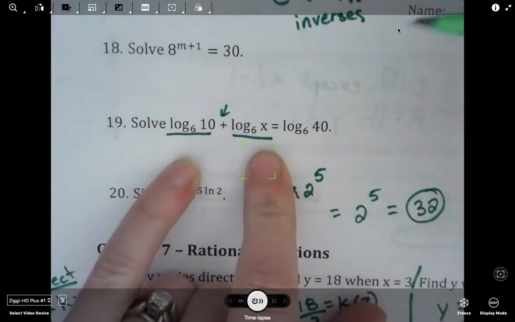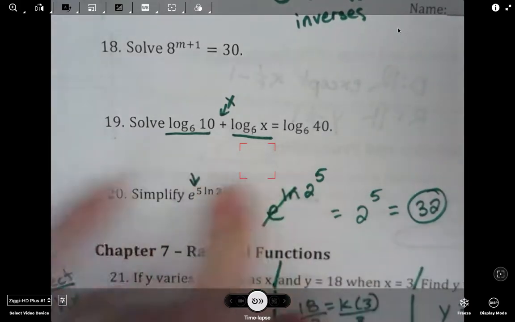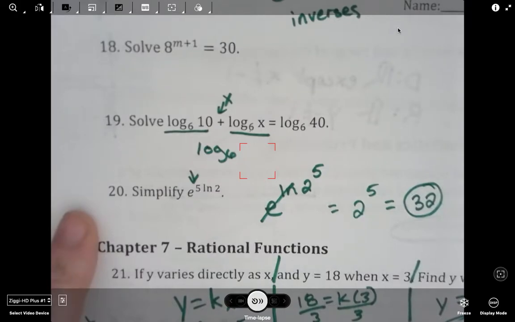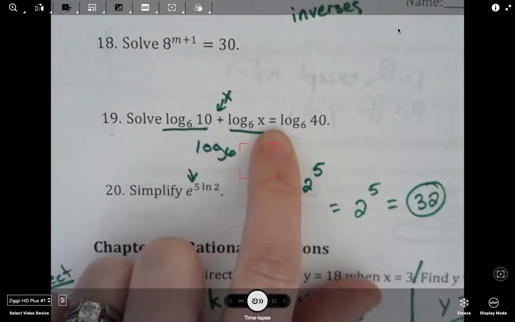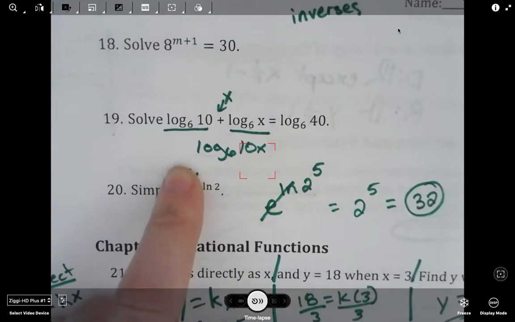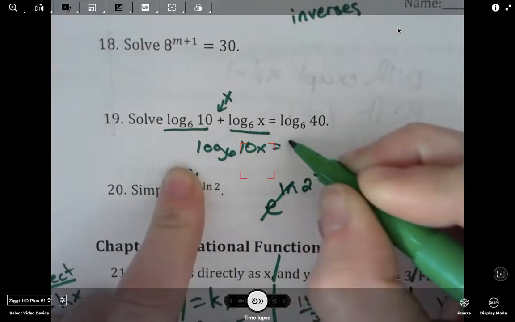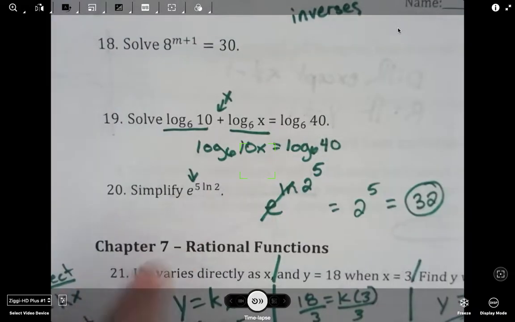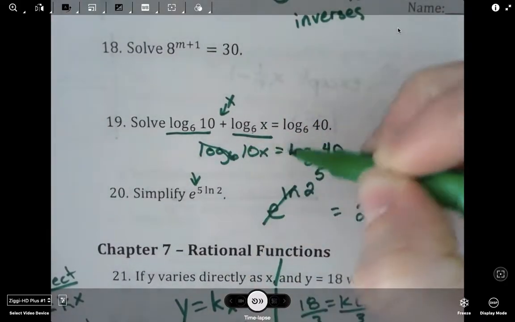Plus means multiply in log world, right? So what are we multiplying? 10 times x. So log base 6 of 10 times x equals log base 6 of 40. And then what? Cross off the logs.